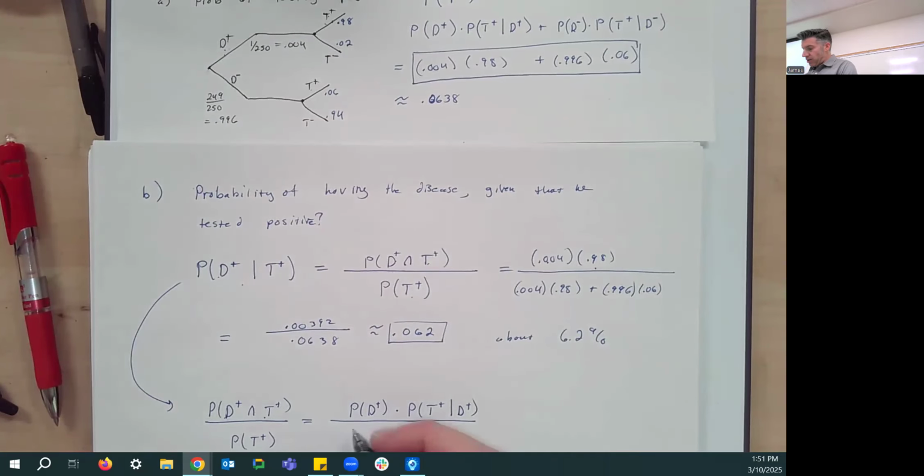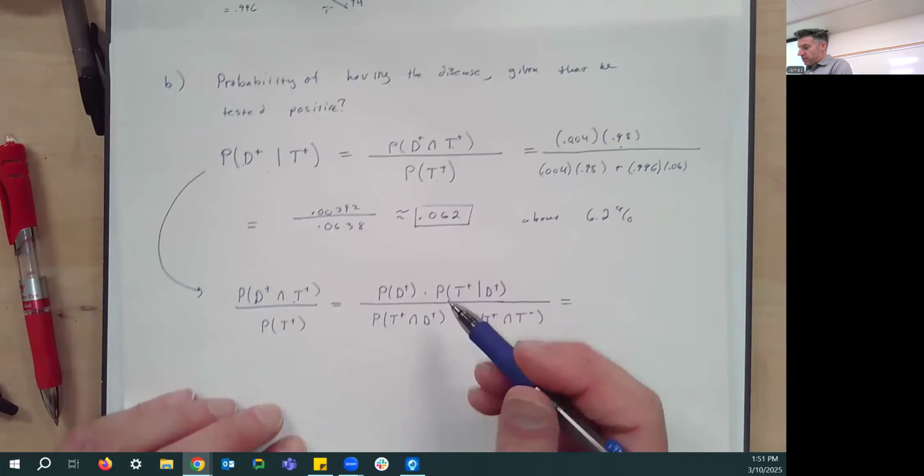In the bottom here, first the law of total probability, it's having a positive test and having the disease, plus having a positive test and not having the disease.